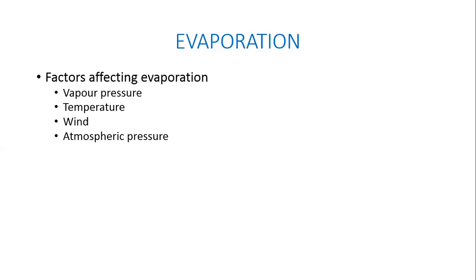So that's how wind impacts this. Atmospheric pressure also impacts this. At the same temperature, if I'm at mean sea level and I'm at 100 meters above mean sea level, where will evaporation be more? Same temperature, everything else is the same. Only elevation is different. Higher elevation would result in higher evaporation. Why is that?